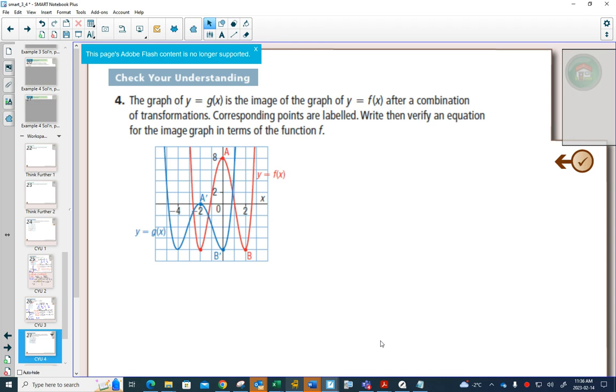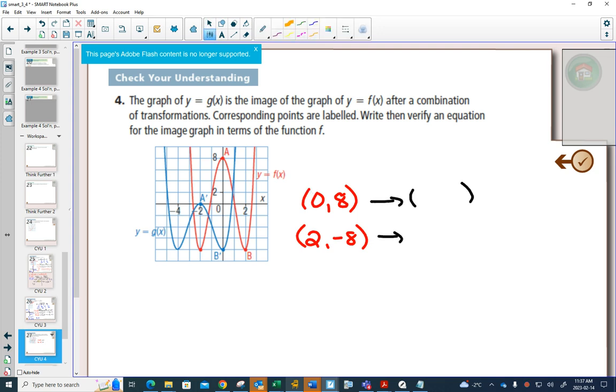So if you were working forward on a question like this, what would you have done? You would have had your red graph. You would have labeled points, and you can see they've given us 2 points. They've given us the point A, (0, 8), and B, (2, -8).